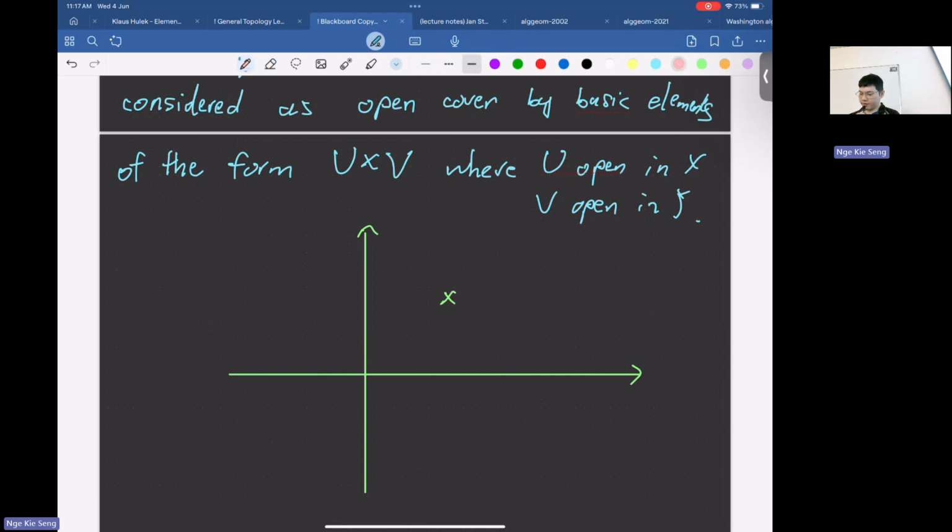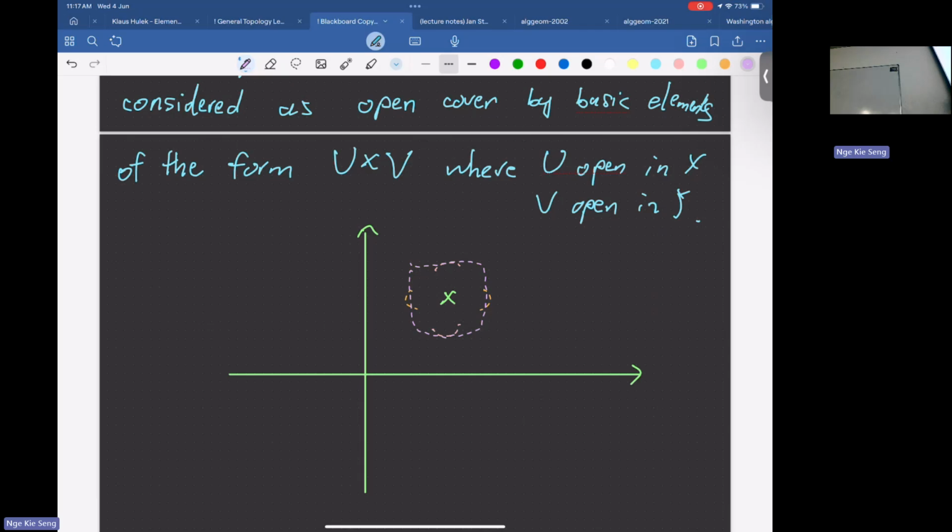Along this point, maybe you have an open set on this line, and then you have an open set in the other direction. These two crossed together, what do you get? Maybe something like a rectangle. For every point, in the horizontal direction you have the vertical.